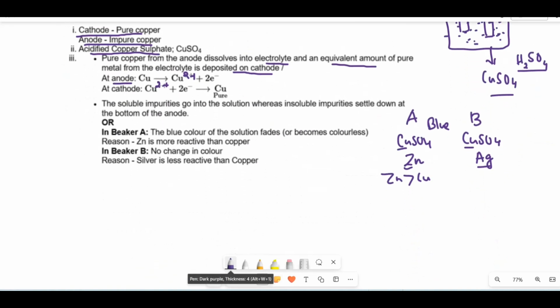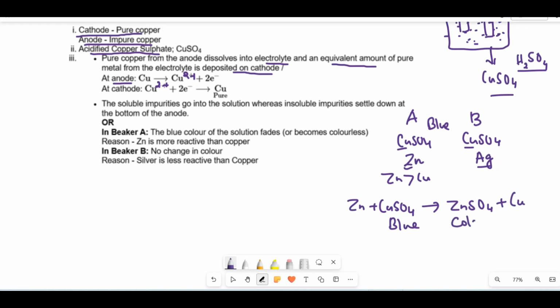In the first beaker, the reaction is zinc plus copper sulfate gives zinc sulfate and copper. Before it was blue in color, now it changes to colorless, or you can write white, no problem, or the blue color becomes faint. This is for A.